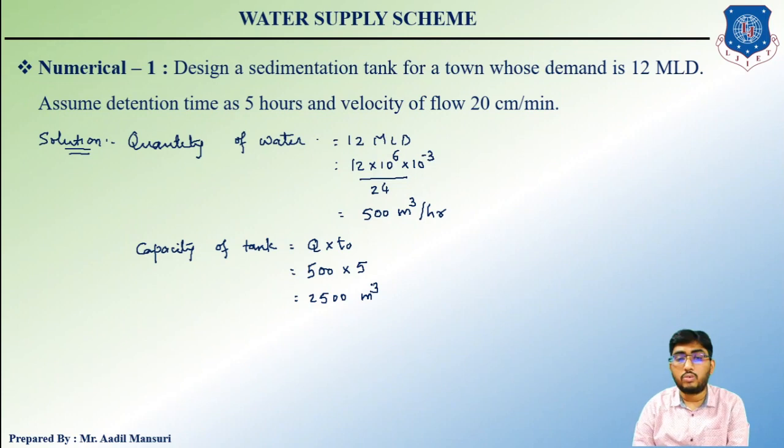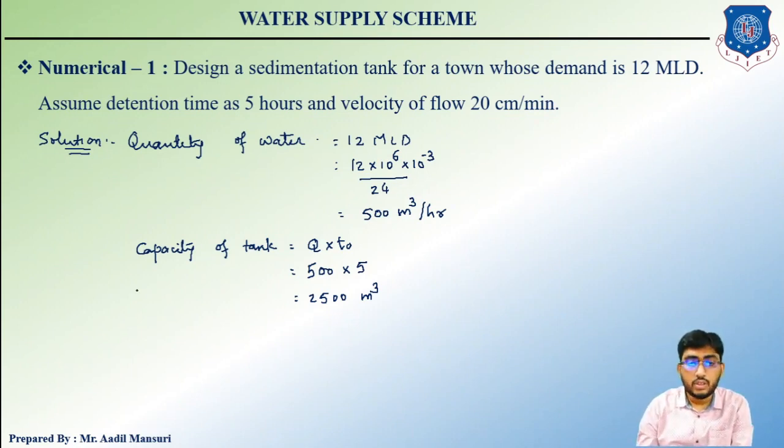So if we want to supply 12 MLD of water, then we need to supply at the rate of 500 meter cube per hour, and if the detention time is 5 hours, then the capacity of tank required will be 2500 meter cube.